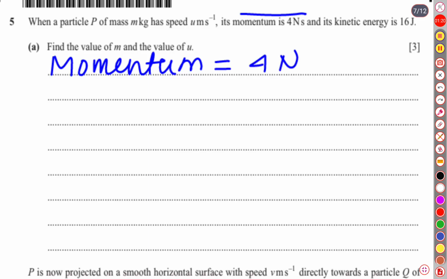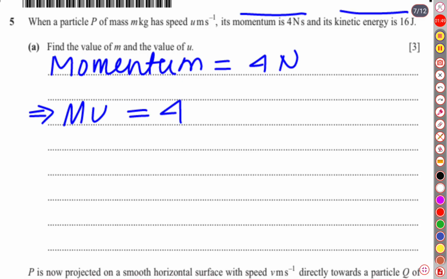Momentum is the product of mass and velocity, so we can write mu is equal to 4. We will have to utilize this information later on, that's why we are leaving it at this stage. They have given one more piece of information, that kinetic energy is 16 joules.